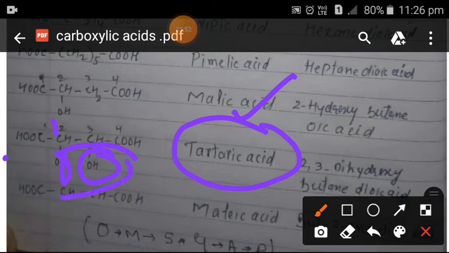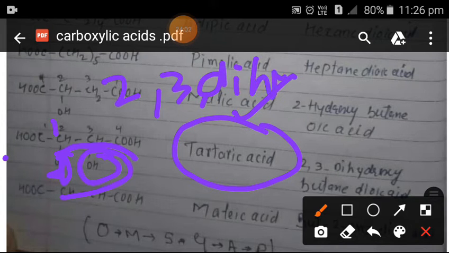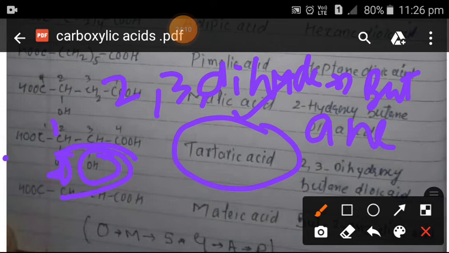There are 2 hydroxyl groups, so you write 2,3. When there are 2 prefixes, you write dihydroxy. After that, word root but. After linkage, the primary suffix, and after that you write the secondary suffix, that is oic acid.